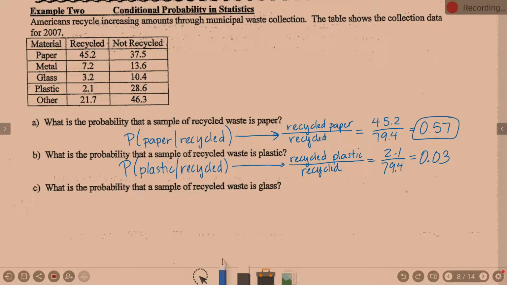I have written down 0.0264, but in terms of 2 decimal places, that is 0.03. Okay, one last one here. Probability that a sample of recycled waste is glass.